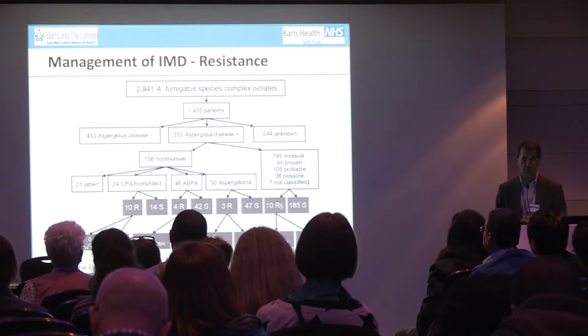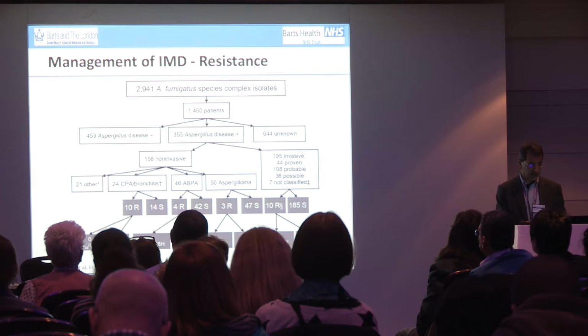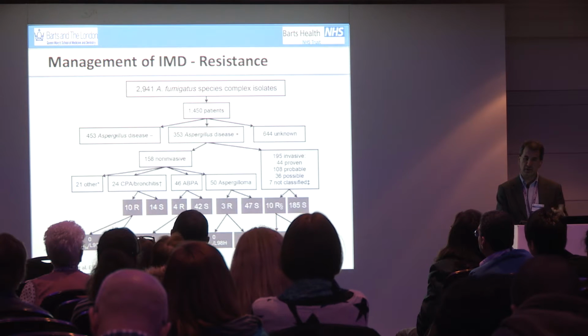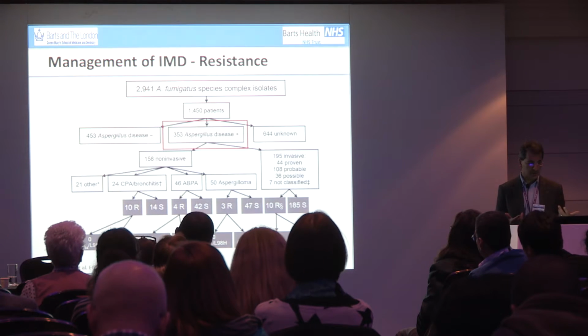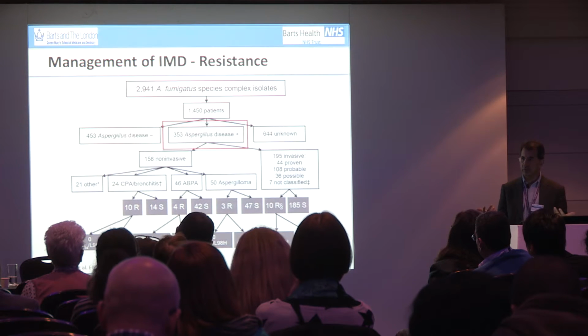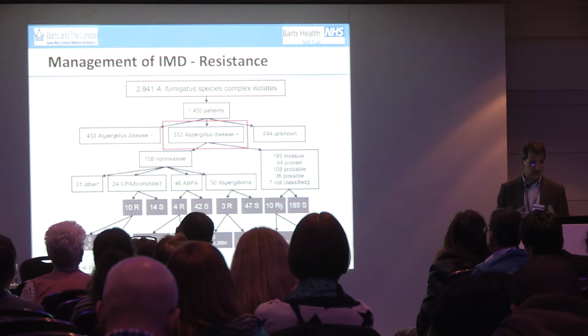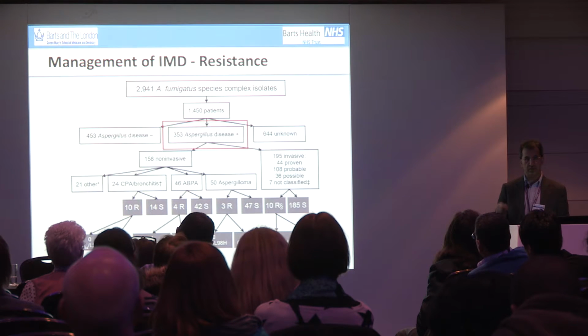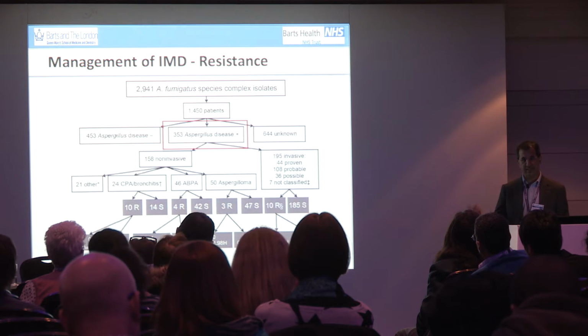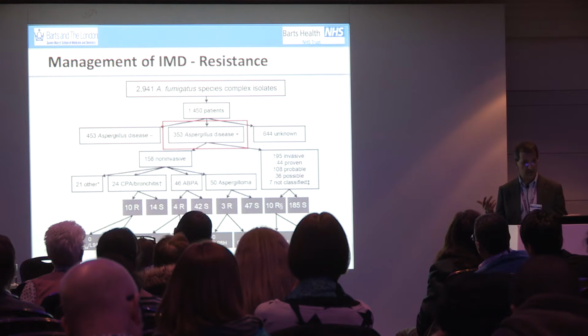This is a multicenter, multinational study looking at resistance amongst Aspergillus isolates. There were nearly 3,000 isolates and nearly 1,500 patients involved, and in this data they were able to establish that just over 350 patients had Aspergillus disease, as opposed to just having an isolate.